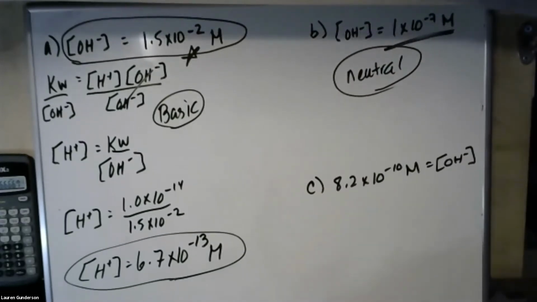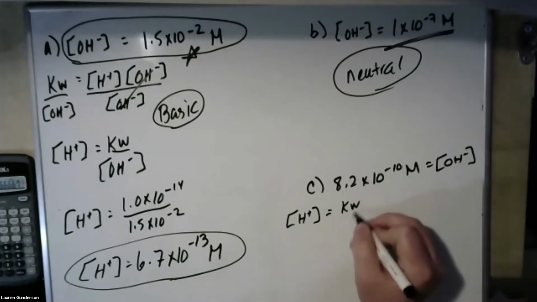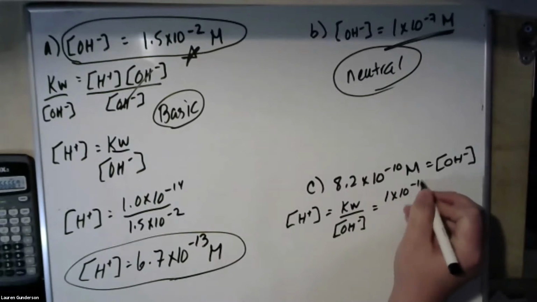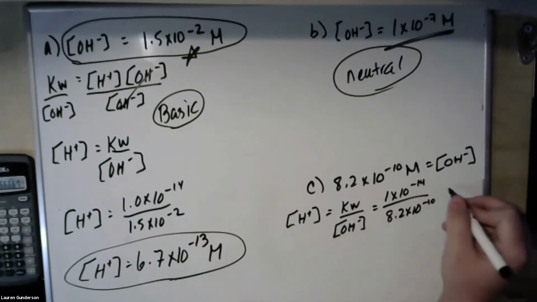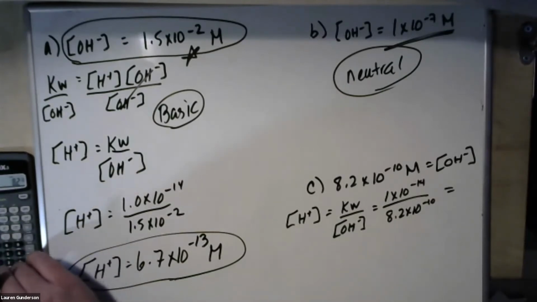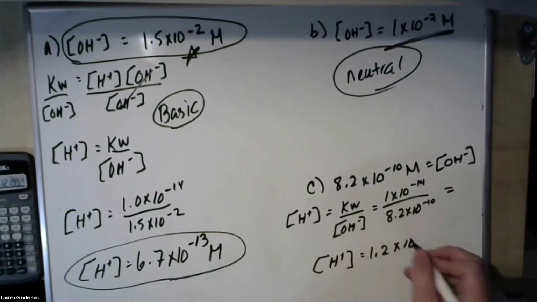And then for our last one, we can set up our calculation. And we get 1.2 times 10 to the negative 5 molar here.